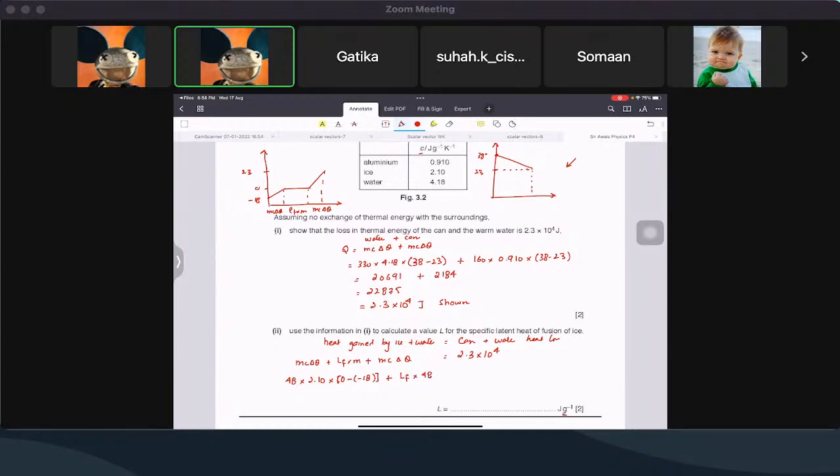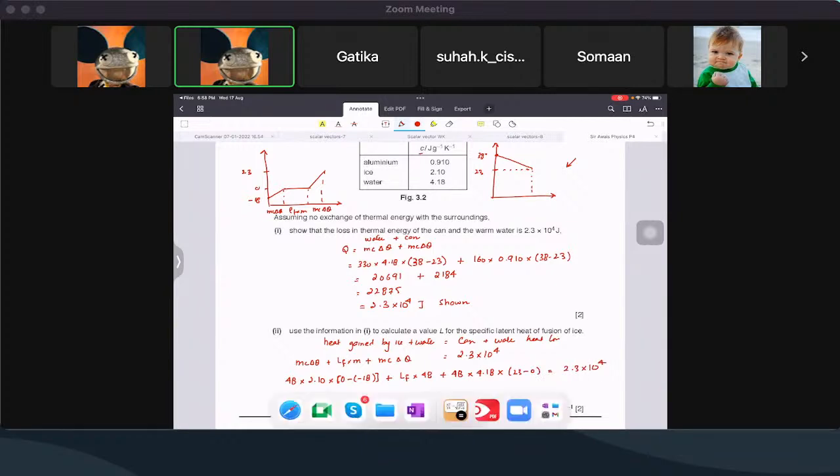This is in grams, so we don't need to change anything. Plus mass 48 when it changed to water, times 4.18. Most students make this mistake where they don't consider the water formed, and it goes from 23 minus 0, equal to 2.3 times 10 raised to power 4.